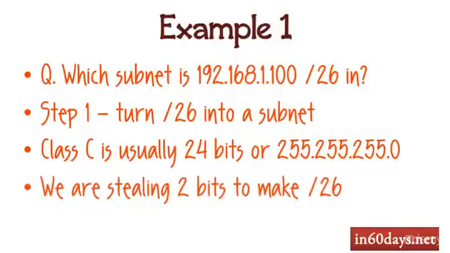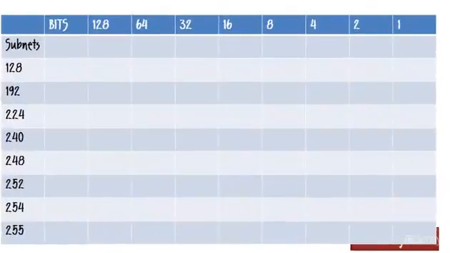So to get from 24 to 26, we're obviously stealing 2 bits. So go along to our subnetting secrets chart, and because we've stolen 2, we tick 2 parts along the top. This will tell us what increments our subnet is going up in, and we can see our subnets are going up in increments of 64.